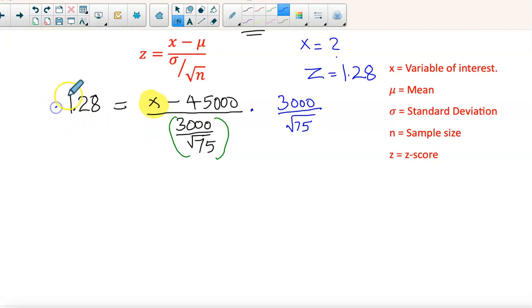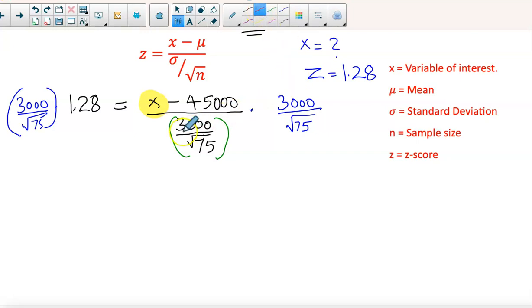On the right side I did that multiplication, and the same thing I will do on the left hand side. So I can do that.